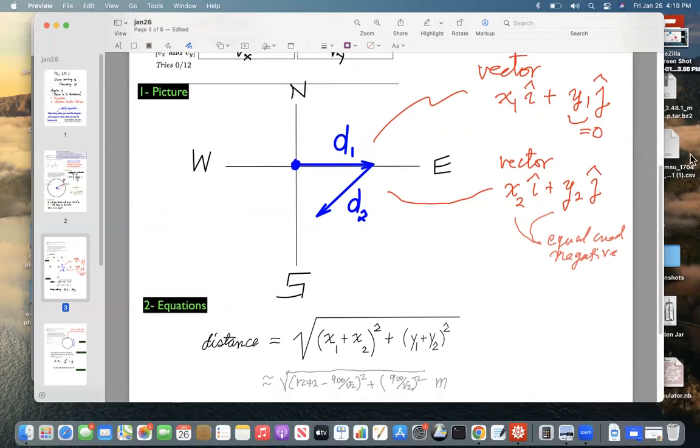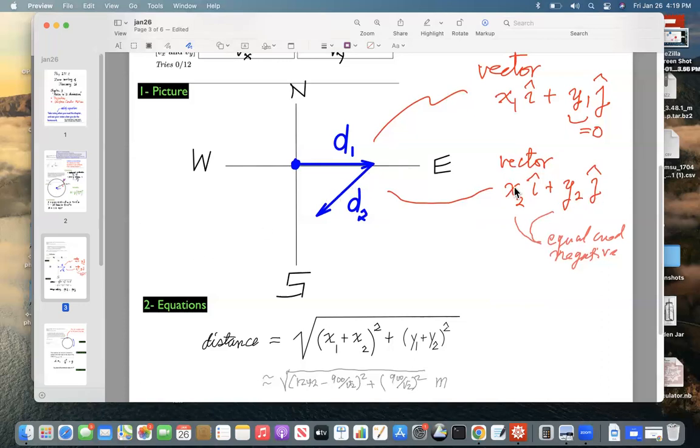Now, what about d2? Well, here's d2. It's a coordinate x2 i hat plus y2 j hat. Now, the direction is southwest. So x2 will be negative because it's south, and y2 will be negative because it's west.